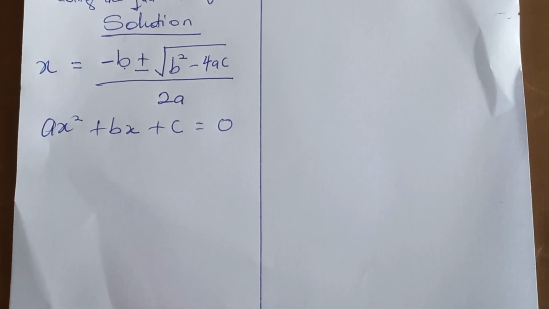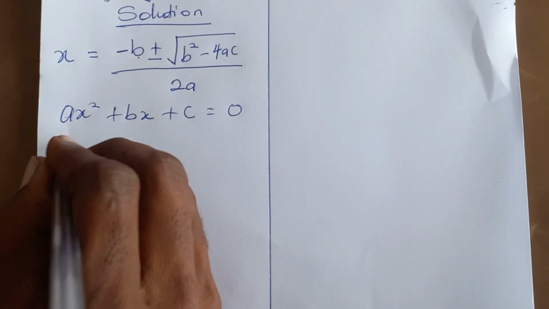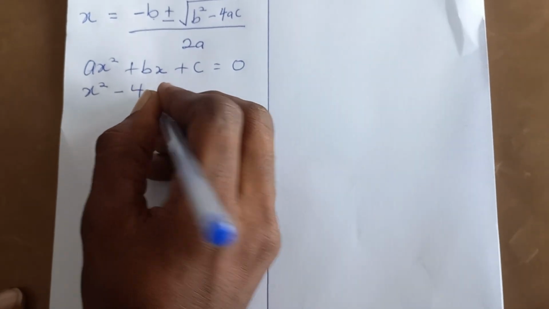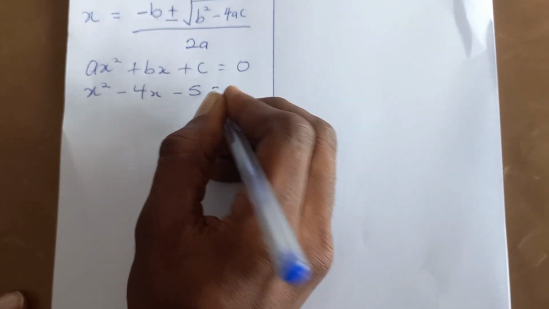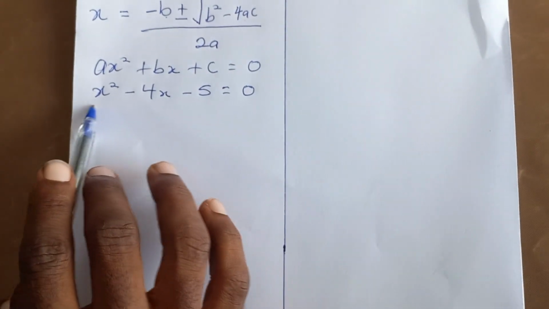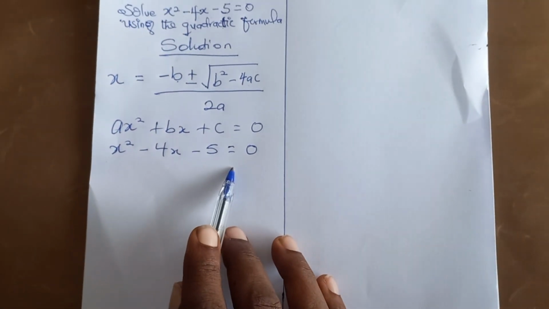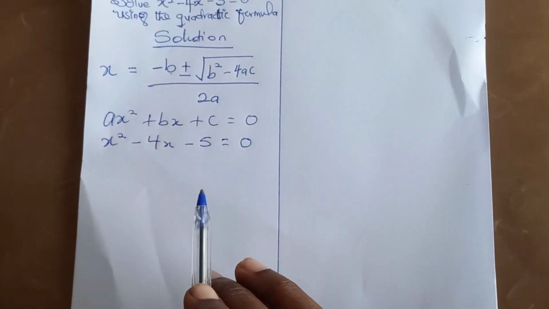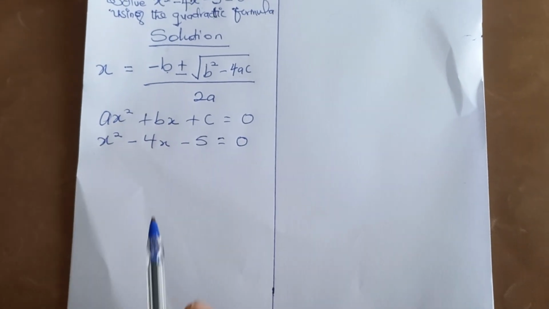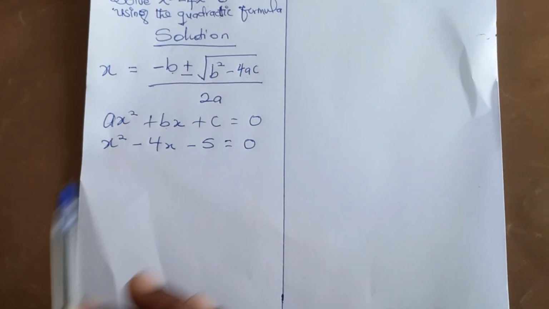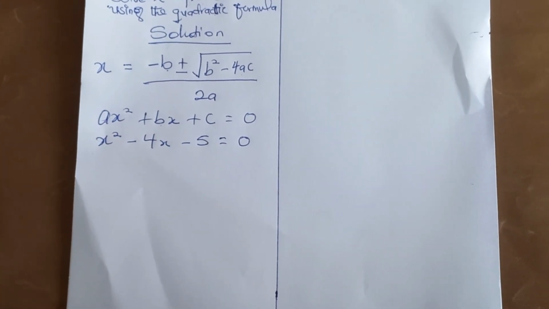Let's continue. Now our question is x squared minus 4x minus 5 is equal to 0. Now we have to compare this equation to the original quadratic equation to be able to get our parameters, that is a, b, c, the constants.